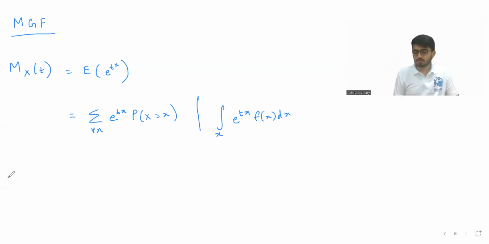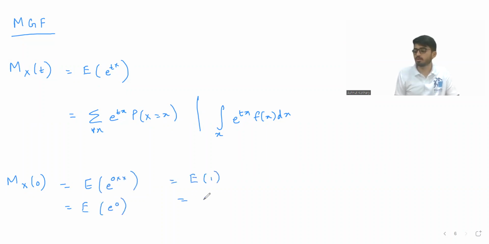Now, one further property which we see is if I take a look at M_X(0), this will become nothing but the expectation of e to the power 0 into X, which is nothing but the expectation of e to the power 0, which will be the expectation of 1, which is nothing but 1.